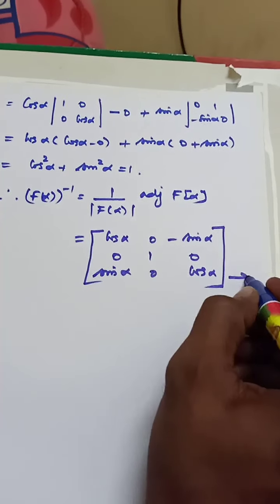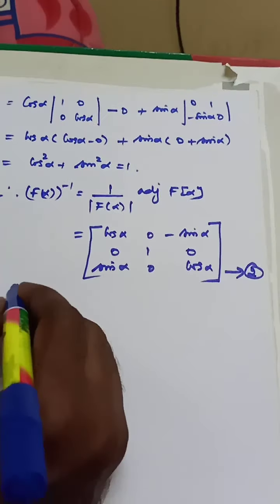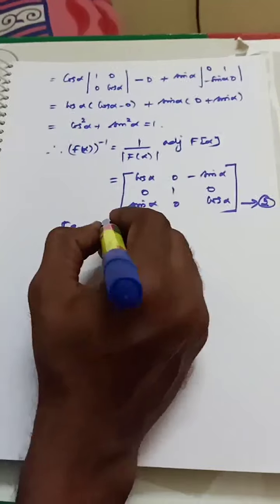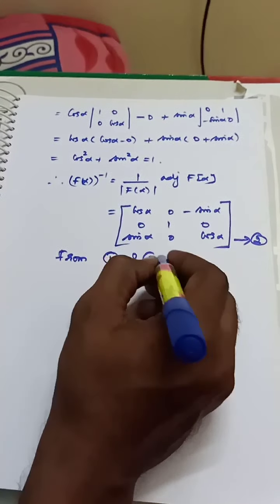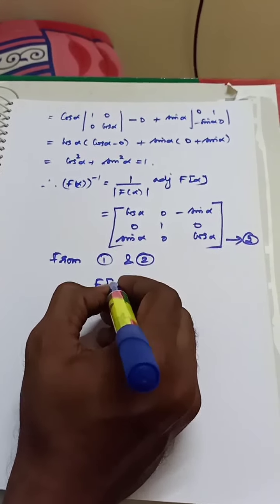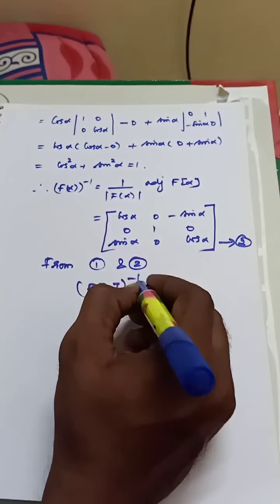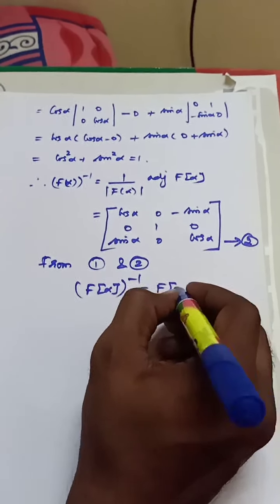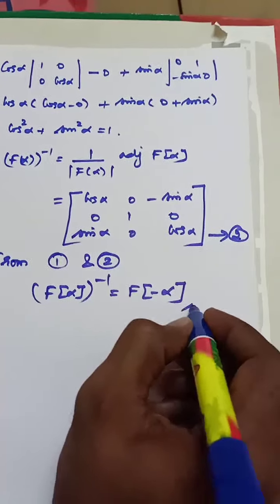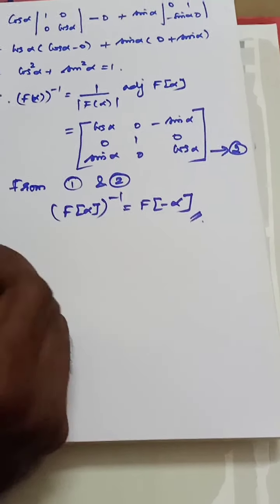This is nothing but number 2. So from 1 and 2, your f of alpha inverse is nothing but f of minus alpha. It's very simple, easy question, right?